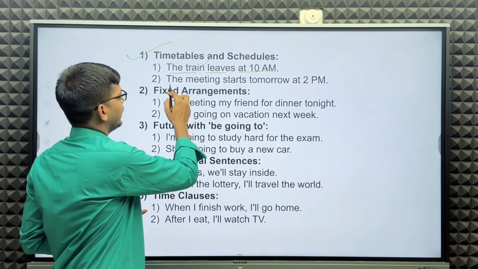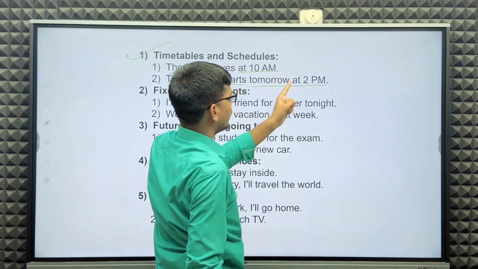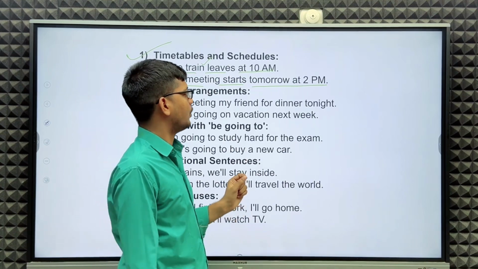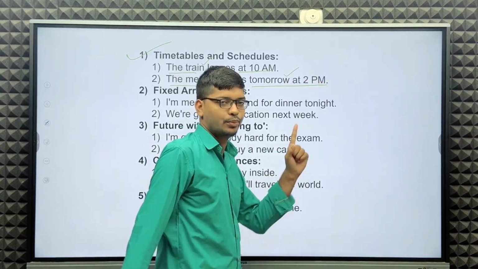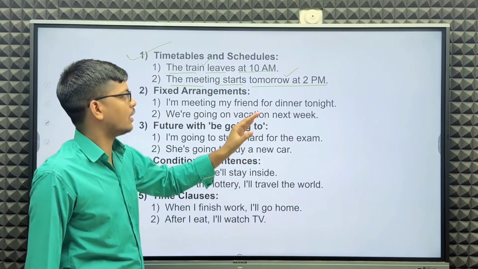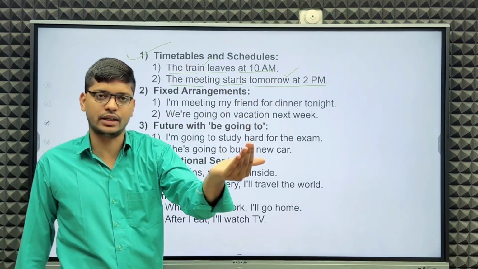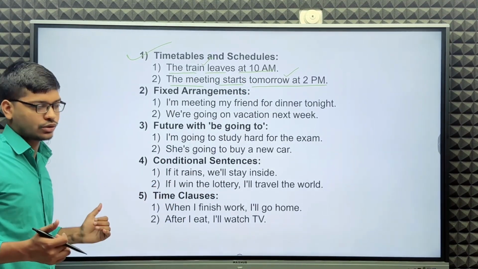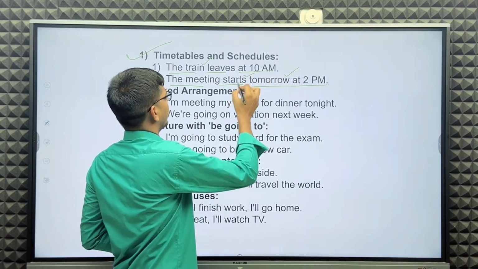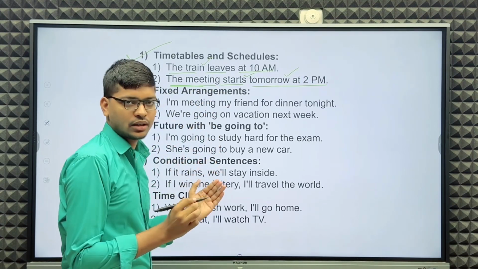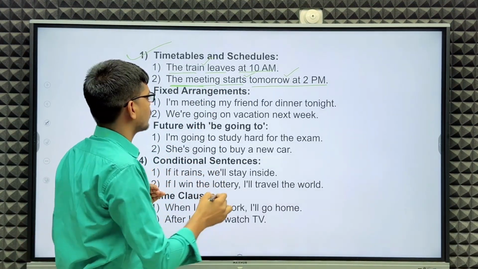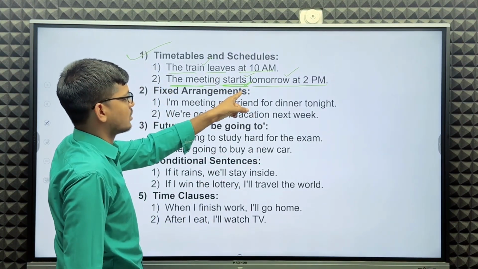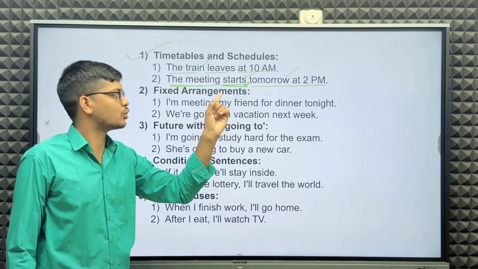Next, the meeting starts tomorrow at 2 p.m. This sentence is in the future, because the adverb of time here, tomorrow, is in the future. But we can use the simple present tense. Meeting is a singular subject here, so with a singular subject we use s or es. So it starts.